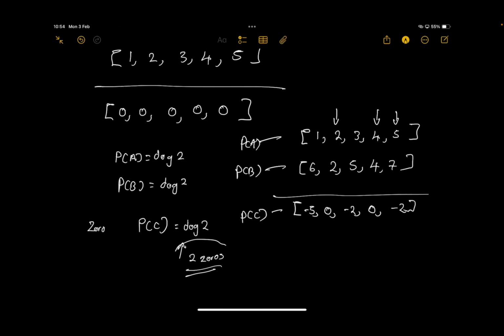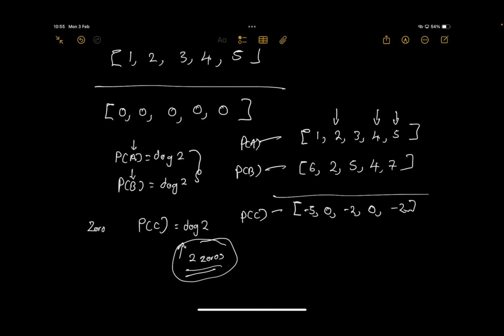So if the polynomial only has 2 zeros, then these 2 can only be the same at 2 points. When you say two, are you saying their coefficients, or when you evaluate them at their roots? When you evaluate. So there are only 2 values of x that you can pass into both of them that will give you the same value.